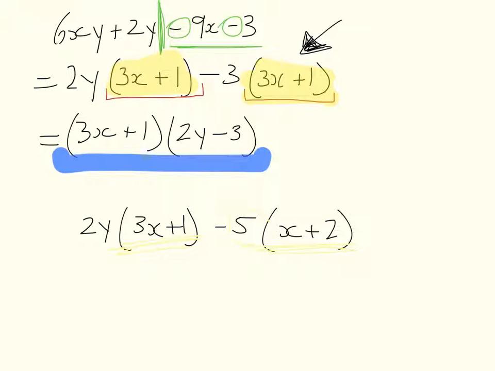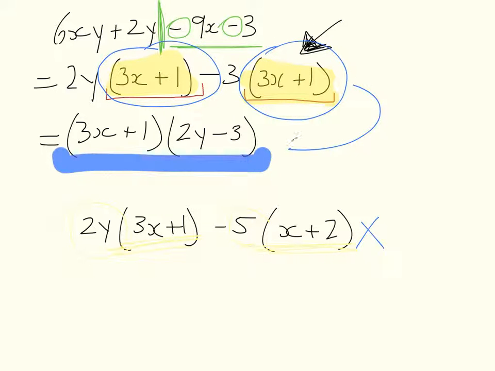Those two aren't the same. We could expand that out, and there's really not any like terms that we can deal with either. So we can't go any further with this question. So I'm looking for this factor here to be the same as this factor here, so that I can take it one step further and get it down to that point there.